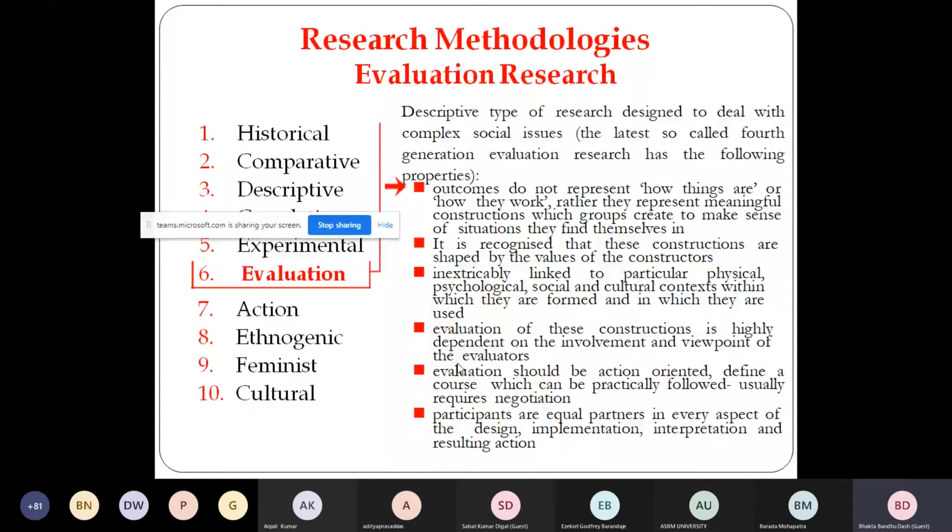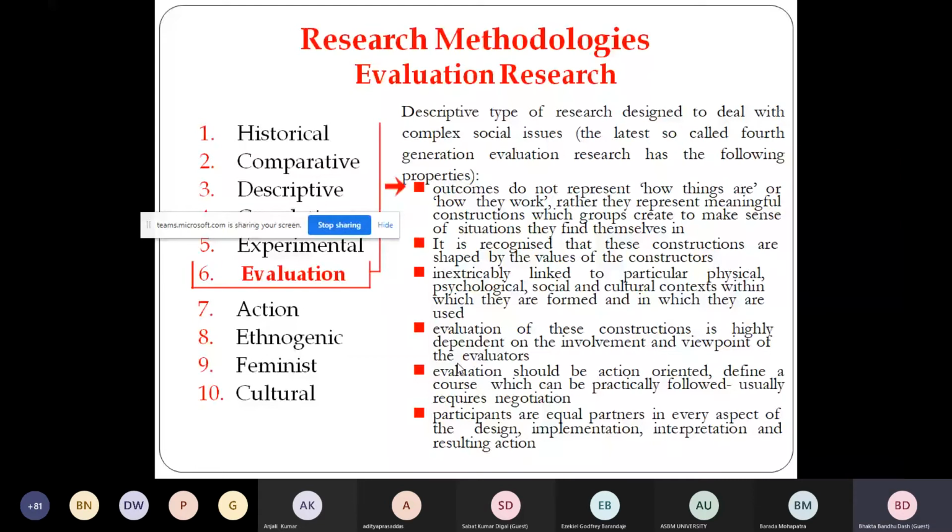Evaluation of this construction is highly dependent on the involvement and viewpoint of the evaluator. So what is your objective? What are your basic issues? Accordingly, you establish an evaluation tool. And once you adopt an evaluation tool, based upon that, you collect the information and you analyze.